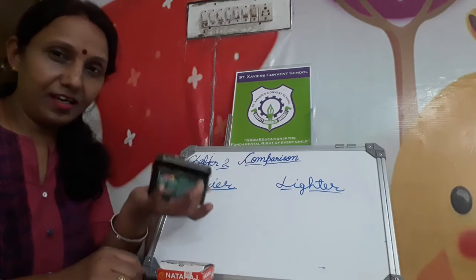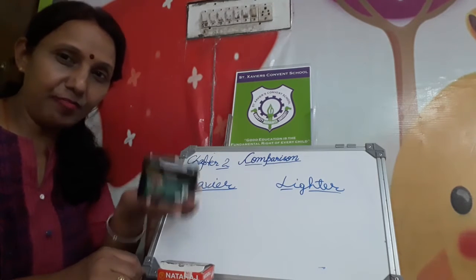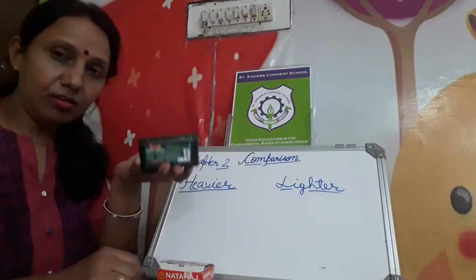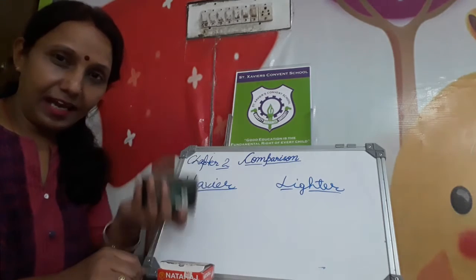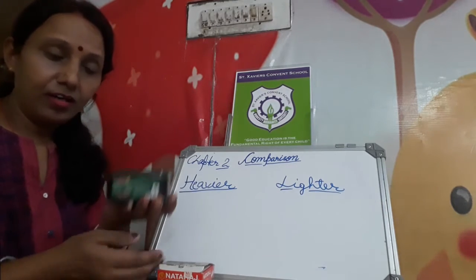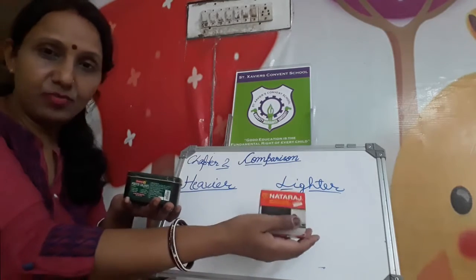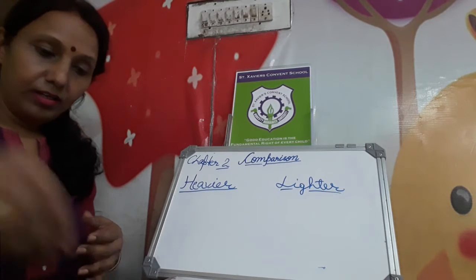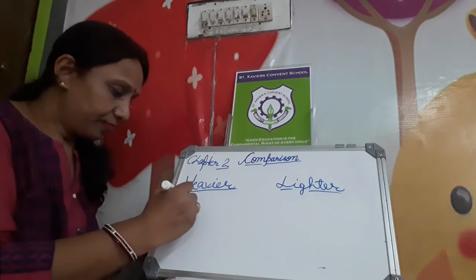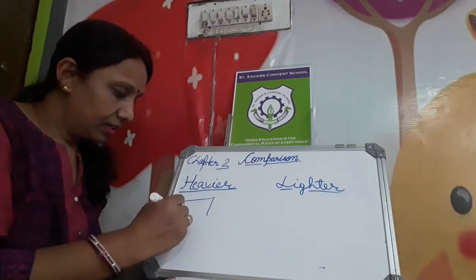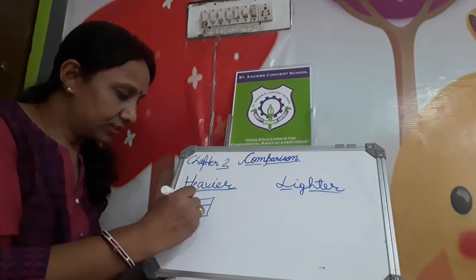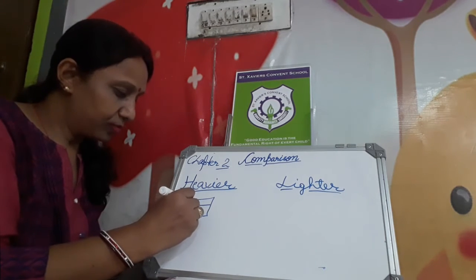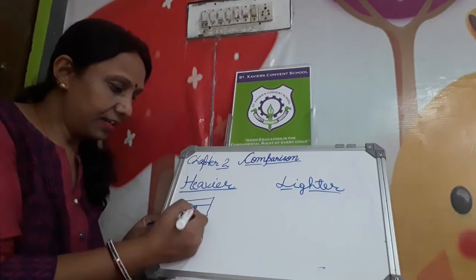So this one is lighter and this box with colors is heavy. You can see this one has heavy weight. So this one is heavier, having weight. And this one has light weight, so that one is the lighter. Alright? Here you can see this box of things. Things are kept there.